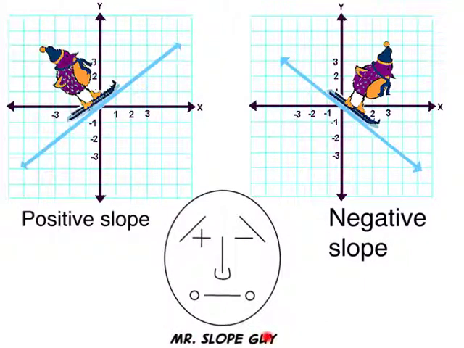And I found this little Mr. Slope guy, and a couple of these get into things that we're not in yet, but basically this would be a positive slope, and this kind of line would be a negative slope. This one is called an undefined slope, and this is called a zero slope.